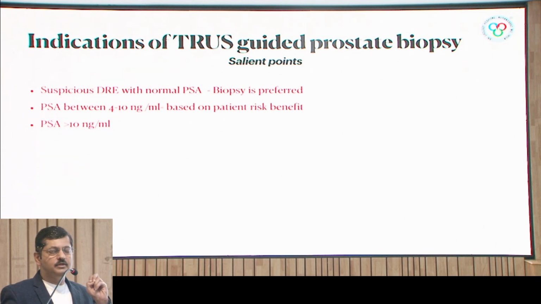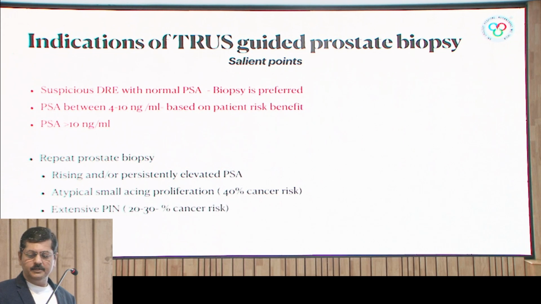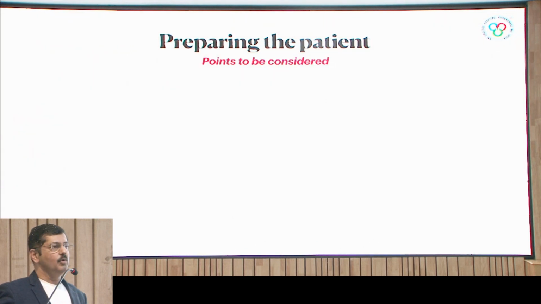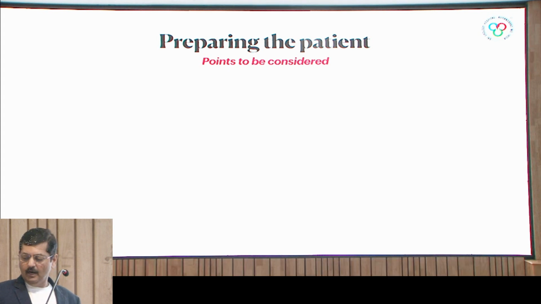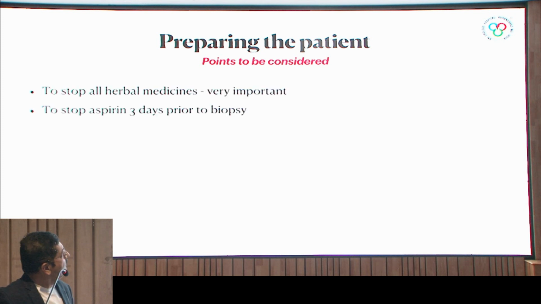So I would suggest that radiologists who are doing transrectal guided biopsy should put a finger in the rectum and try to feel the prostate before they perform guided biopsies. There are certain indications for repeat biopsy. When the initial biopsy is negative for some reasons, these are the points to be considered prior to advising a repeat biopsy.